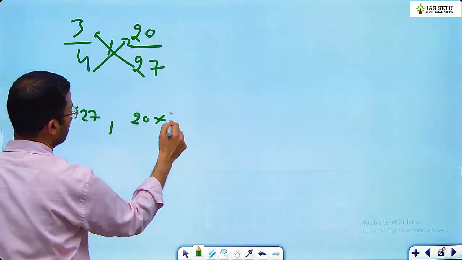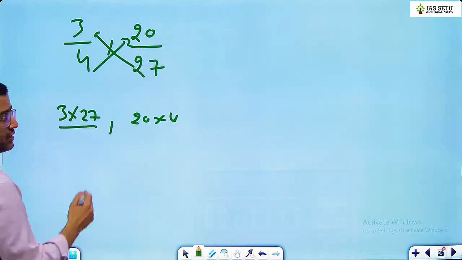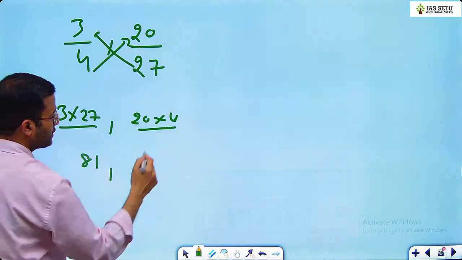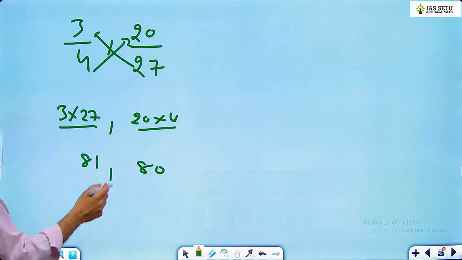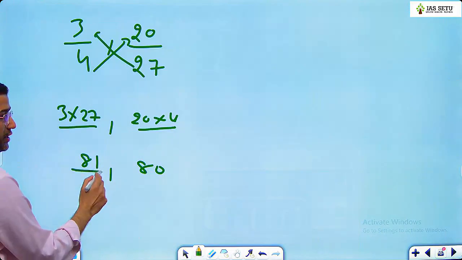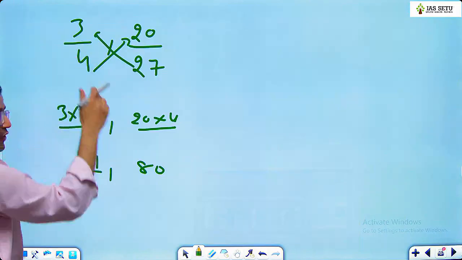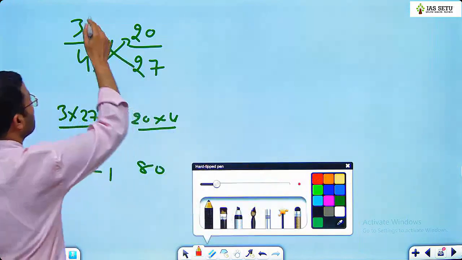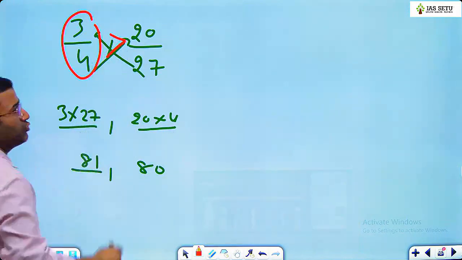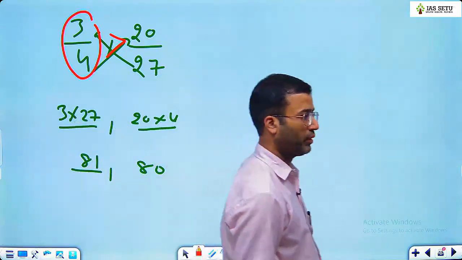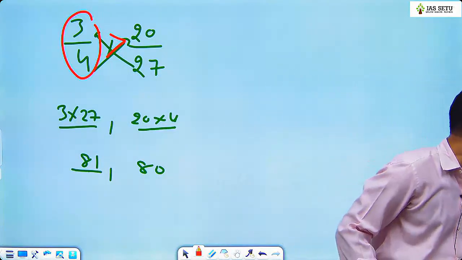This is 20 into 4. What is 3 into 27? 81. What is this? 80. Out of 81 and 80, which one is larger? 81. And 81 is on left hand side, so it represents left side fraction. So here 3/4 is larger than 20 upon 27. Cross multiply. You have to take denominator other side.